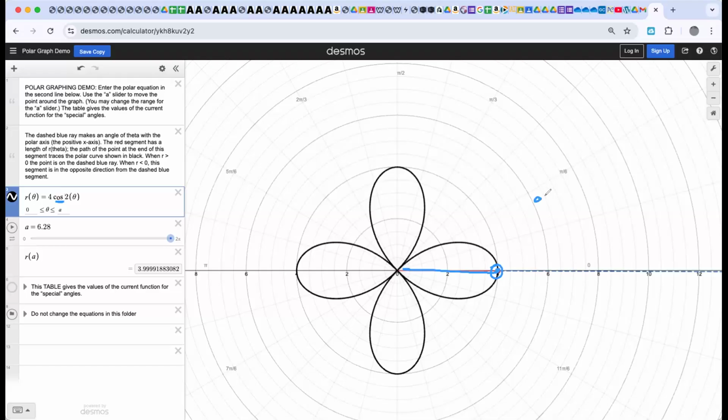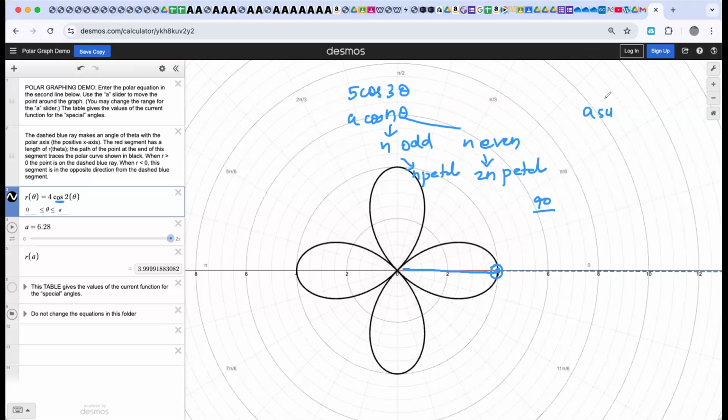So suppose we have 5 cos 3 theta. In this case, I will take this as n theta, meaning I can write it as a cos n theta. Now, n is odd or n is even. When n is even, this will be 2n petals. When n is odd, it will be n petals. The same thing applies for a sine n theta. N can be odd, n can be even.